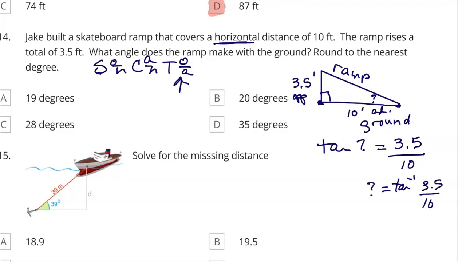If we put that in our calculator, you get an angle, and we called it question mark. So my question mark is going to equal 19.3 degrees. If you're going to round that to the nearest degree, that's going to be 19 degrees.